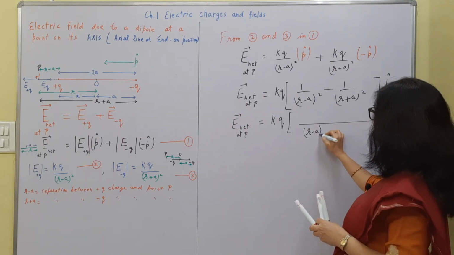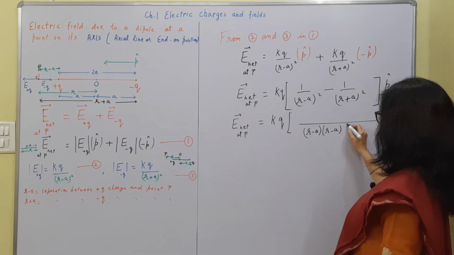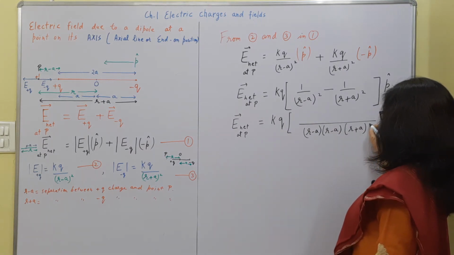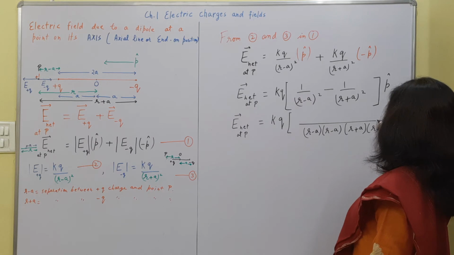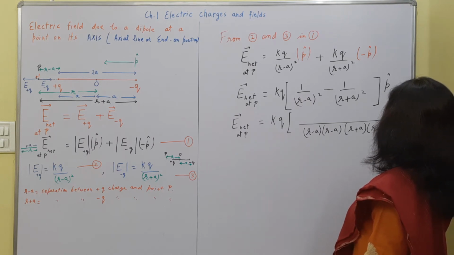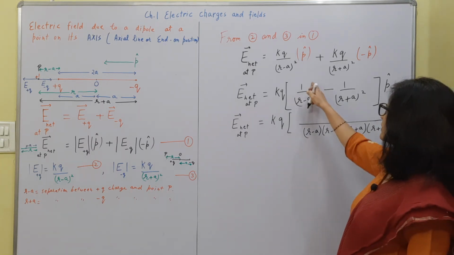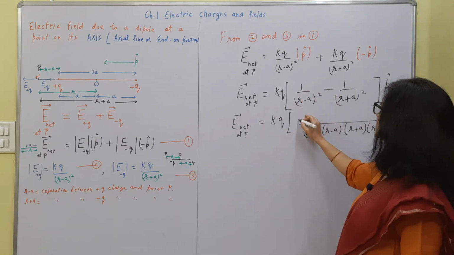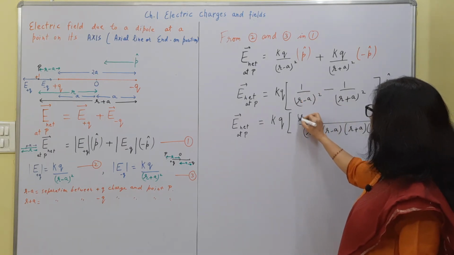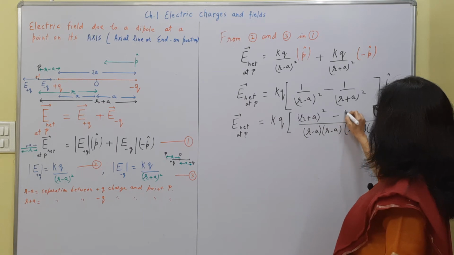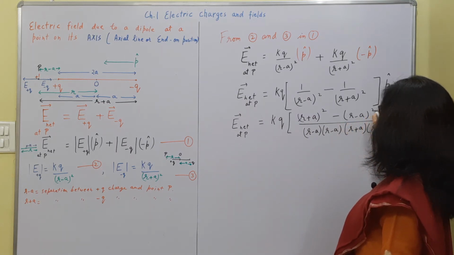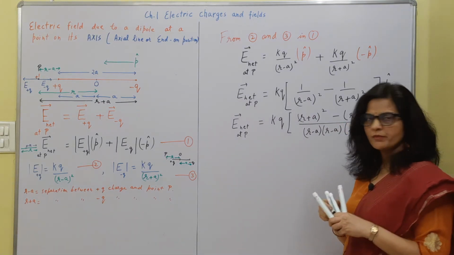I can write it like this if I am taking the LCM. Right? And this will come here. So this will be R plus A whole square minus R minus A whole square. I hope there is no problem in this step.